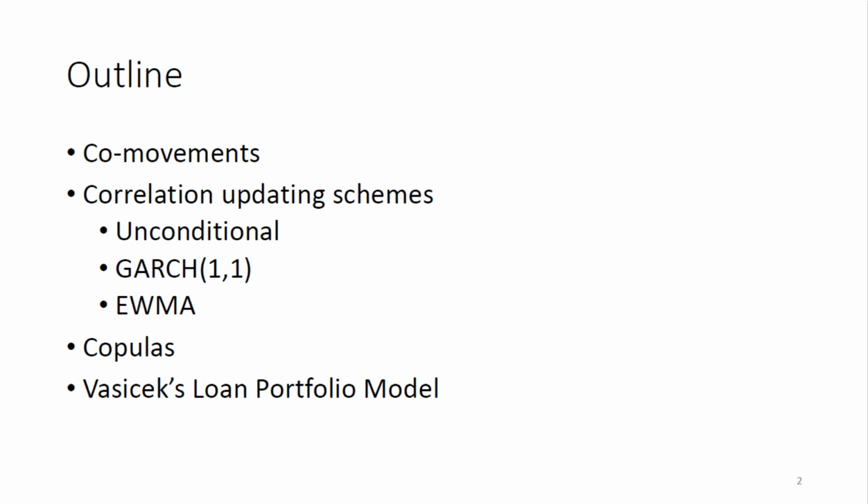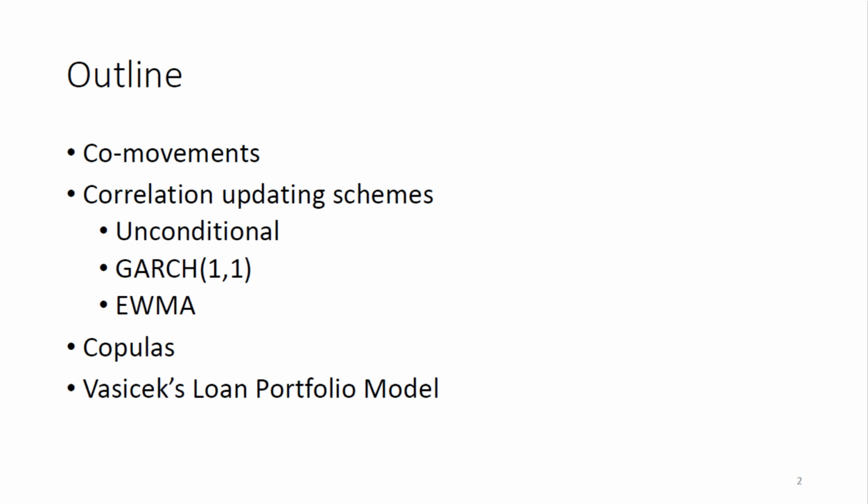So you get a short basis on copulas, and then we go more into detail into this Vasicek's loan portfolio model, where we apply the copula to determine the credit risk and then also the capital requirements for the loan portfolio of a bank or financial institution.